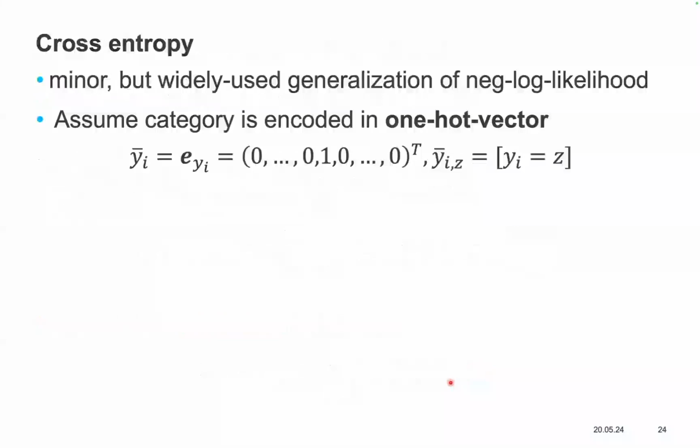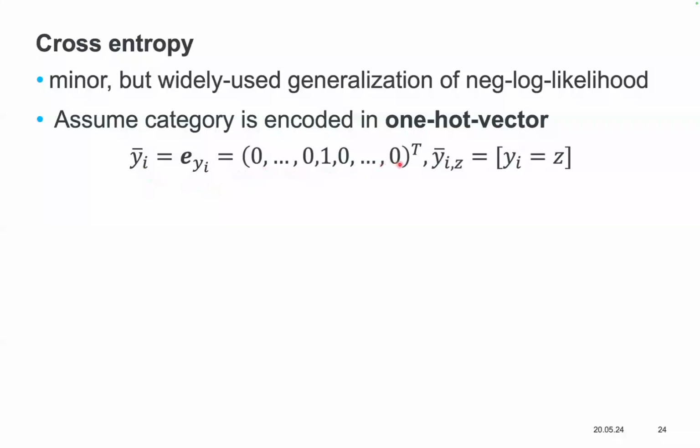One way to look at this is to think about it in the following way. We have the observation that our ith data point encodes the classes in a specific way, namely in the way of a one-hot vector. What is a one-hot vector? A one-hot vector is 0 in all its different components.